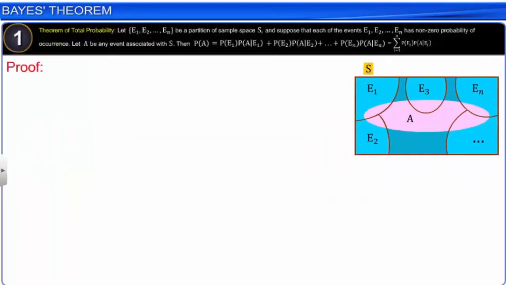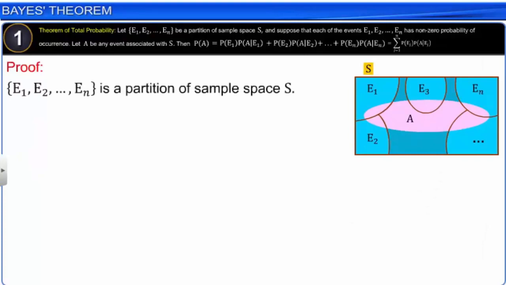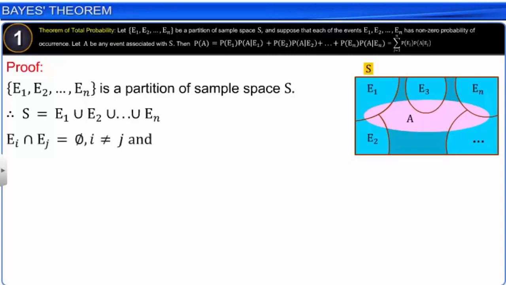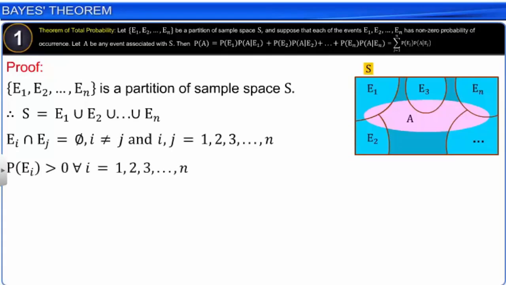Given that the set of events E1, E2 and so on till En is a partition of sample space S, by the definition of partition, sample space S is equal to the union of all the events in the partition. The events are pairwise disjoint. Also, the probability of each event is greater than 0.